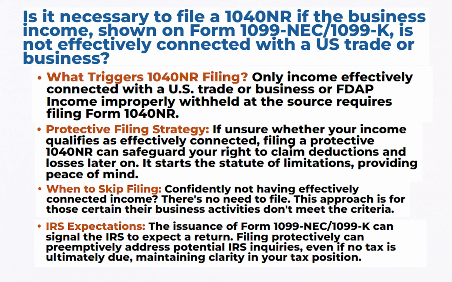The issuance of Form 1099 NEC or 1099K or any 1099 forms signals to the IRS that somebody has gotten some type of income and they want to know about it. So the IRS generally expects a tax return. Filing a protective return can preemptively address potential IRS inquiries, even if no tax is ultimately due. So you can maintain clarity in your tax position.